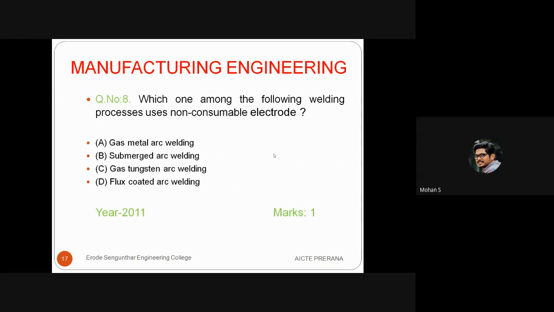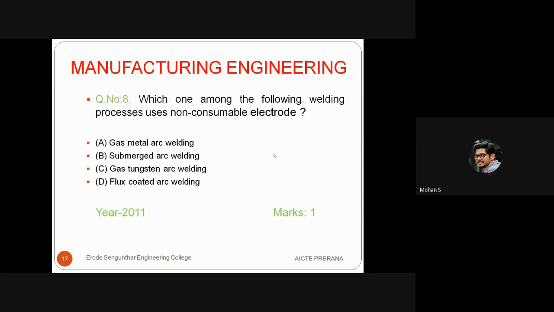The electrode used in submerged arc welding is a consumable electrode only. You would have seen those videos also; I have shown you videos on submerged arc welding already. In this case, we are using a bare electrode.